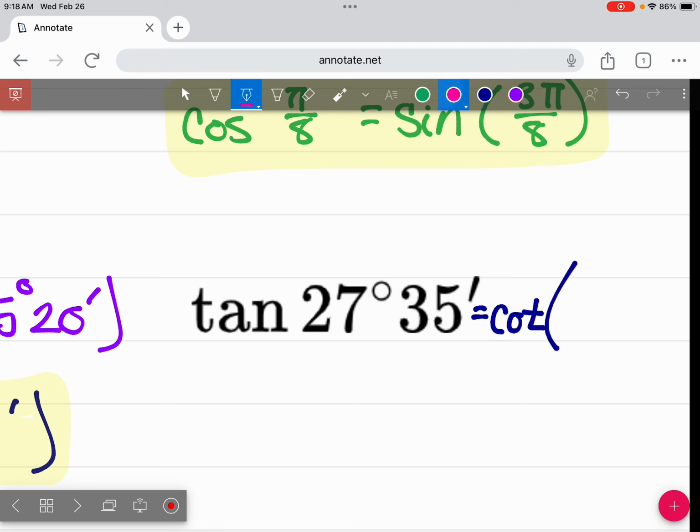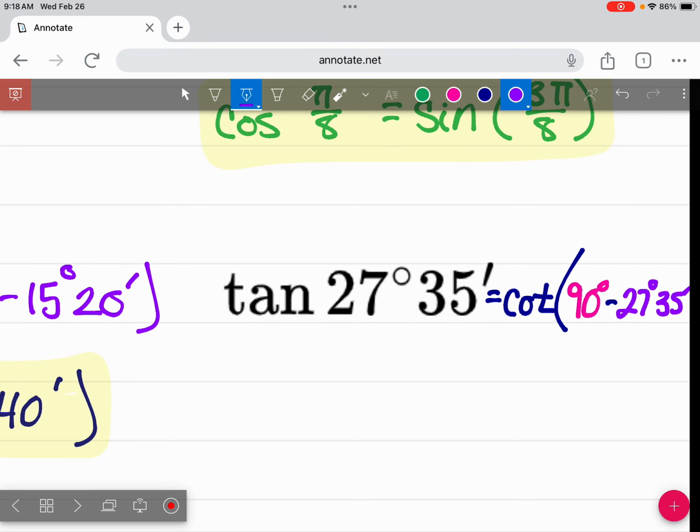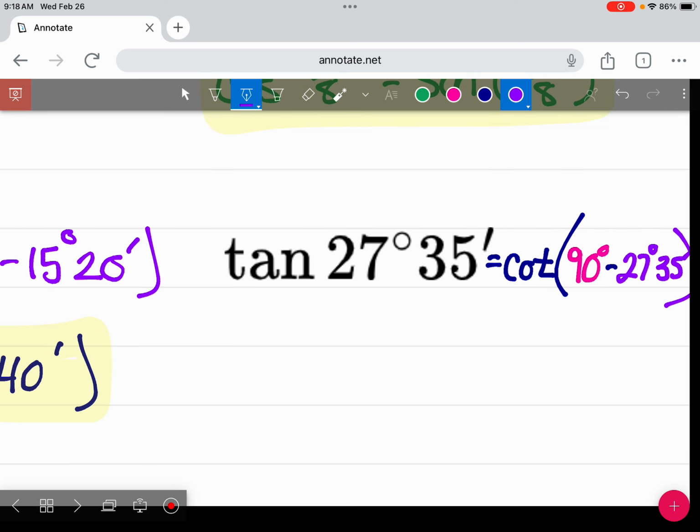And again, we're going to take our 90 degrees and we're going to subtract the angle that we had, our 27 degrees, 35 minutes. What do we get when we simplify that? What is 90 degrees minus 27 degrees, 35 minutes?